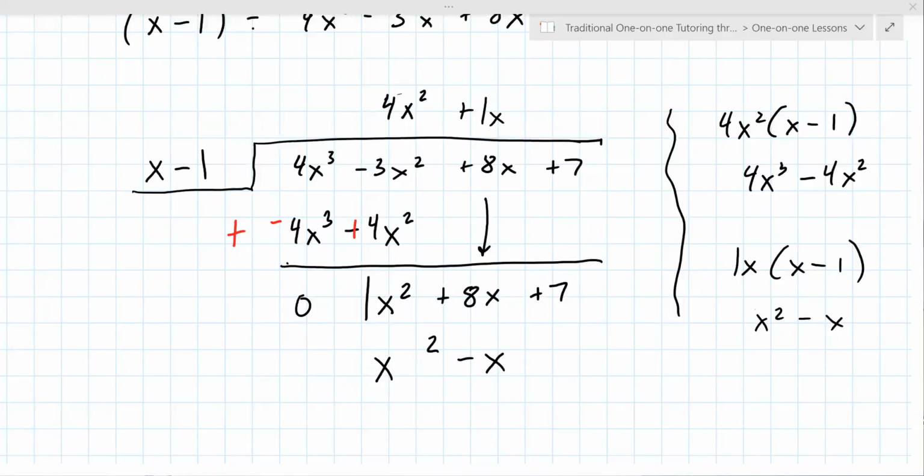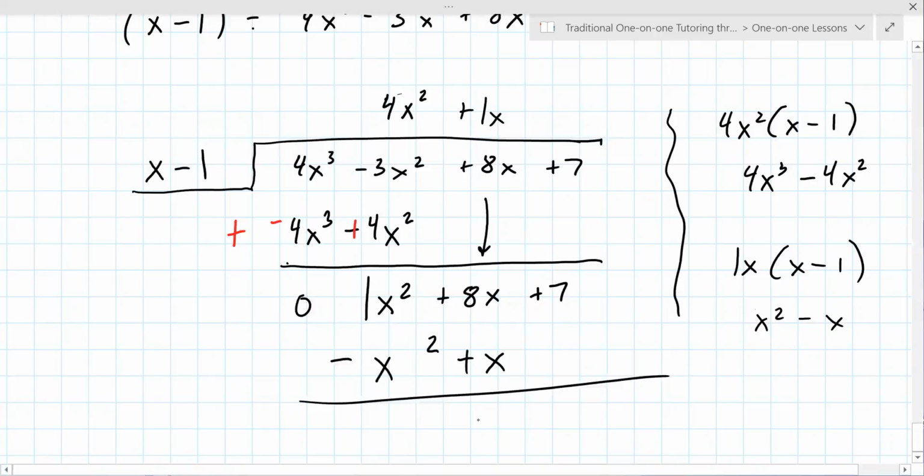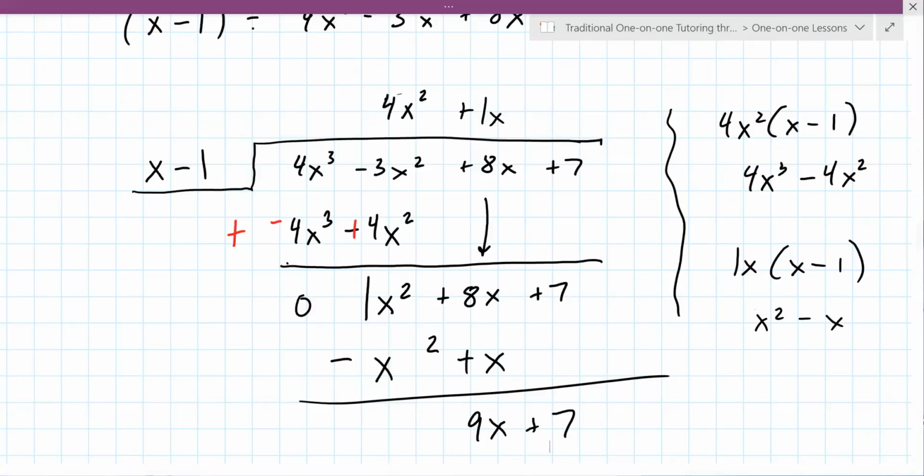All right, so when we do this, it's negative and plus, and so you're going to get 9x plus 7. Okay, and it feels like a long process, but I guess it's not any longer than a regular division problem, technically, right? Yes.